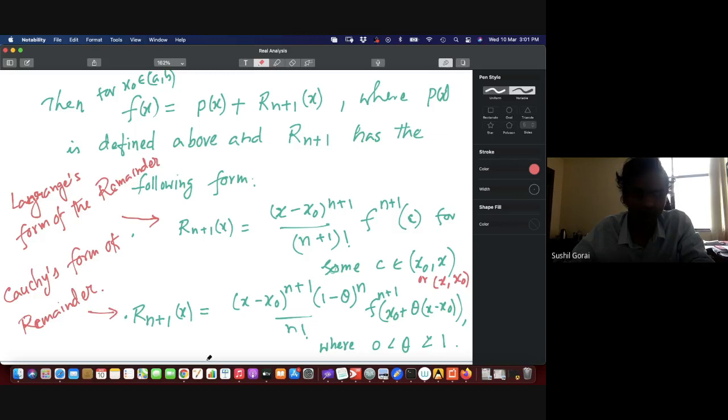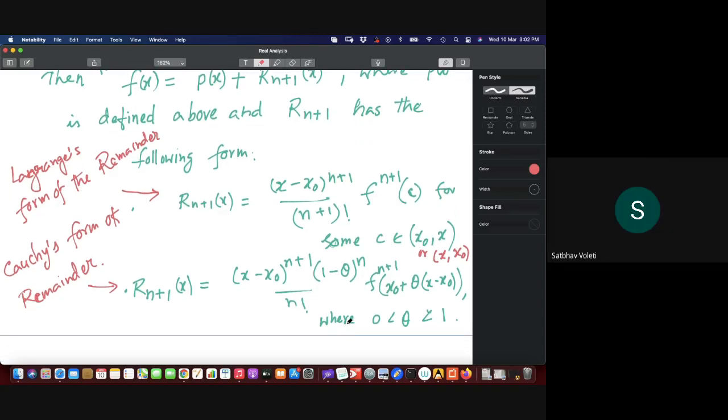So c will belong to the segment joining x naught and x. It is not that x must be bigger than x naught or less than x naught. x will lie in the neighborhood of x naught, x can be lying anywhere, but c will be lying in the segment joining x naught and x.